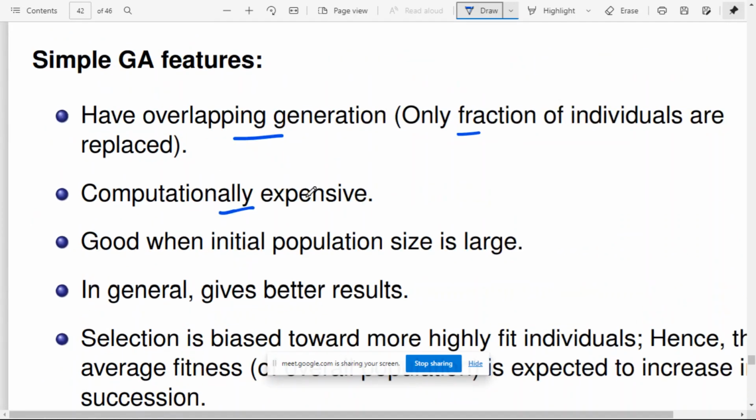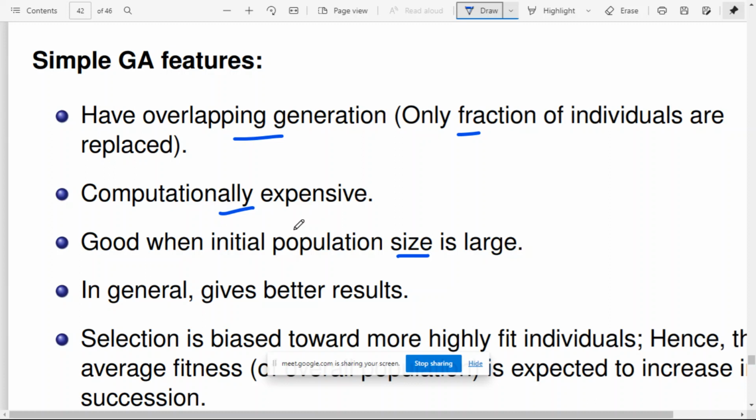So it is computationally expensive, but the algorithm will perform well when the initial population size is large. If the initial population is large, it is highly likely that you can identify individuals with good fitness scores.